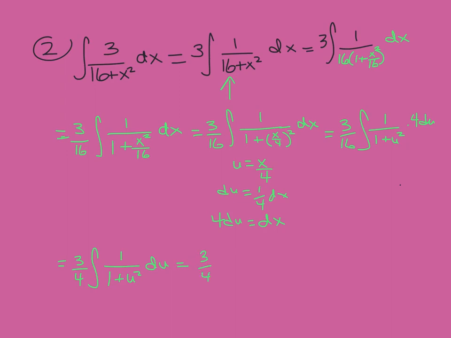That gives me 3/4 inverse tangent of u plus c. And if I replace that u with what I originally had, u equals x over 4, it's going to be 3/4 times inverse tangent of x over 4 plus c.